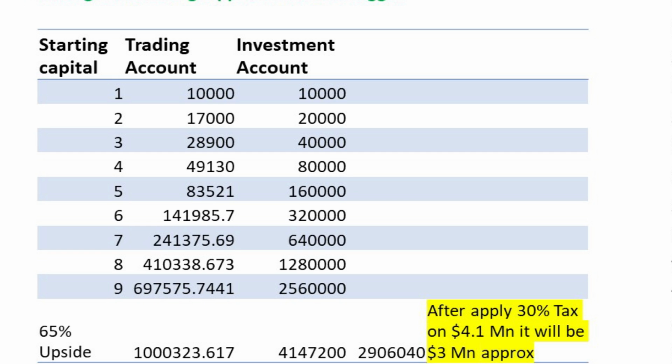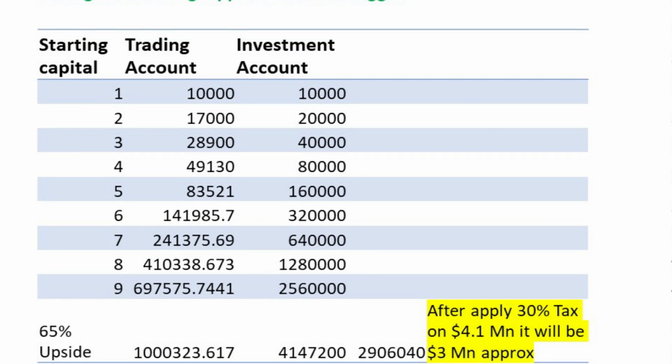Then it needed another double to touch 697K in the 9th year. Whereas the investment account has already touched $2.5 million, and you'll notice that even now the trading account has not reached $1 million. It needs another 65% upside to reach $1 million. By the 10th year, the investment account is already at $4.14 million. So that's the idea I'm talking about.